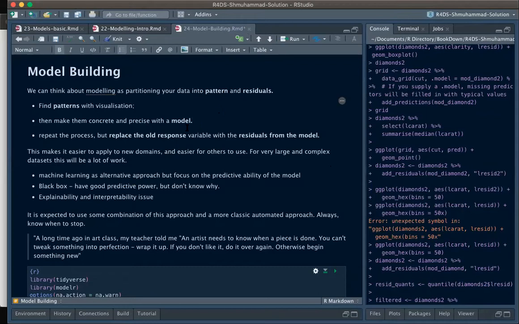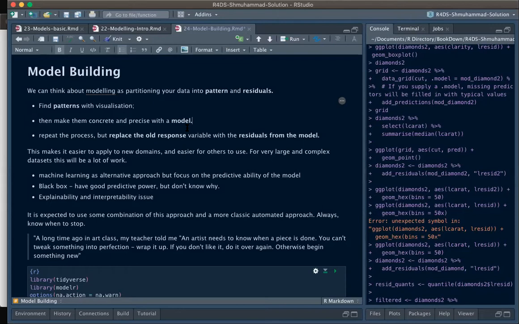So when you want to do modeling, the first step is to find patterns given data sets. And how are you going to find patterns? Use visualizations. After you find the pattern with visualization, then use models to make that pattern concrete.